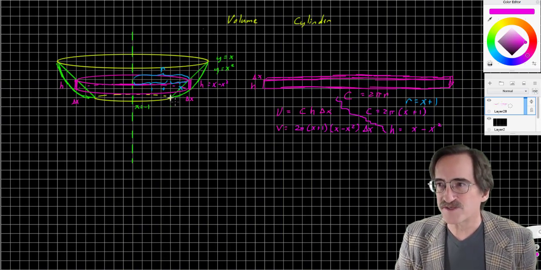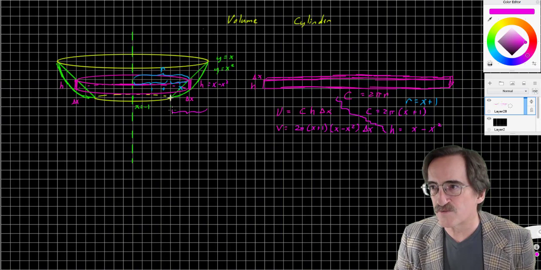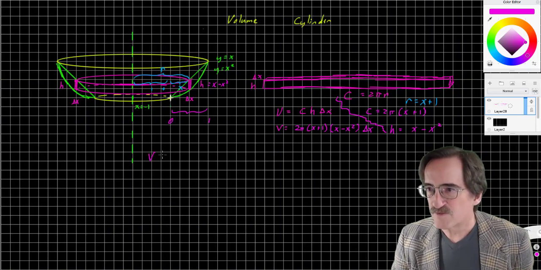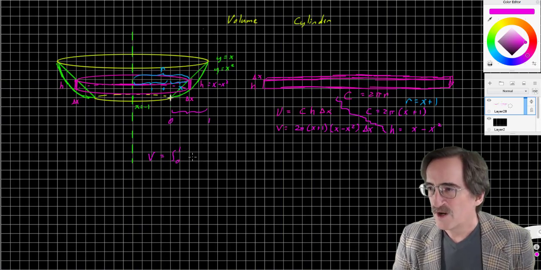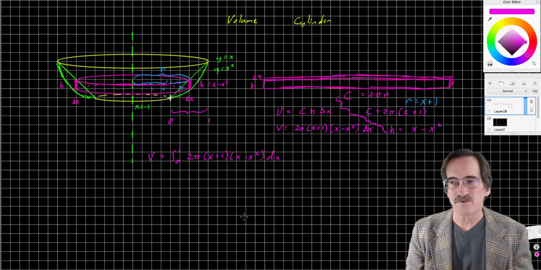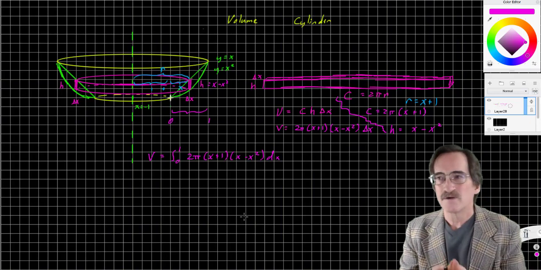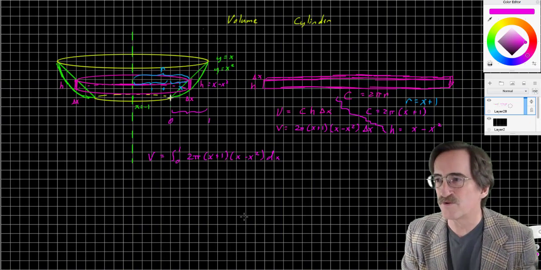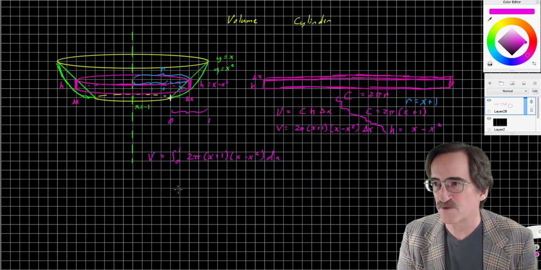Now we want to sum up all of those cylindrical rings for x going from 0 to 1. So the volume is the integral from 0 to 1 of 2 pi times x plus 1 times x minus x squared dx, because we're summing all the little cylinders from x equals 0 to 1.